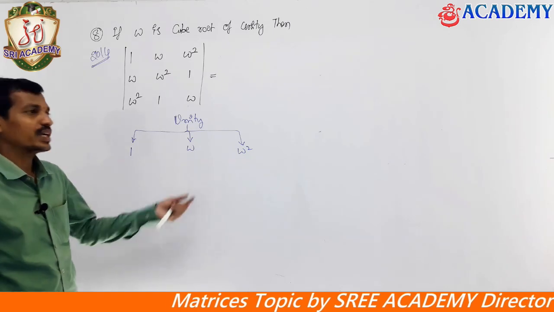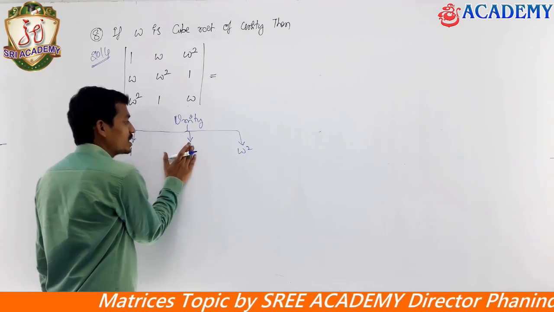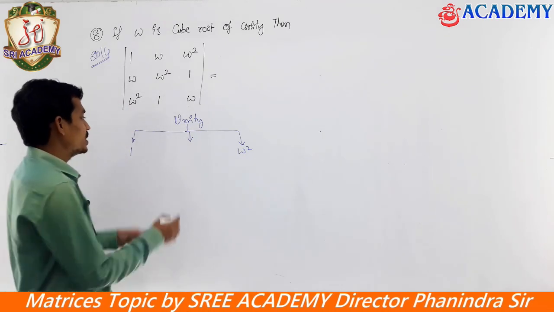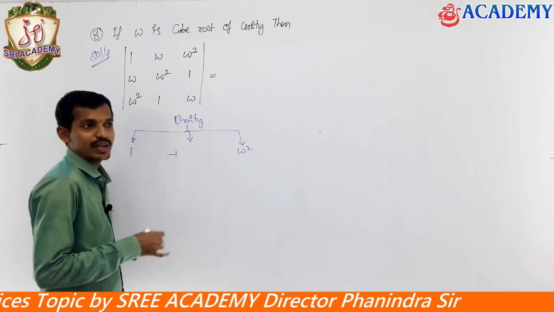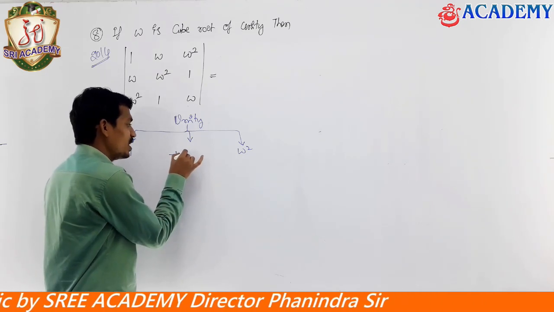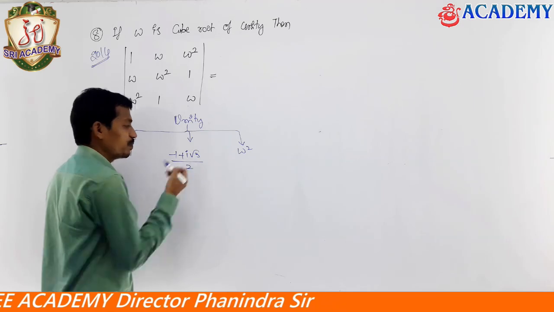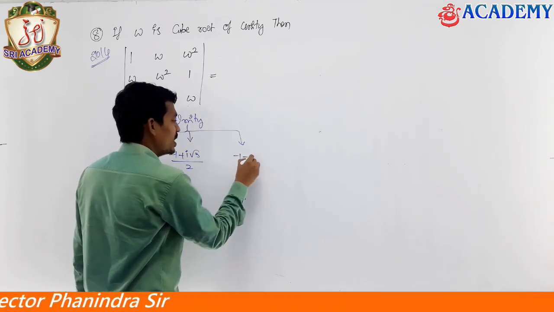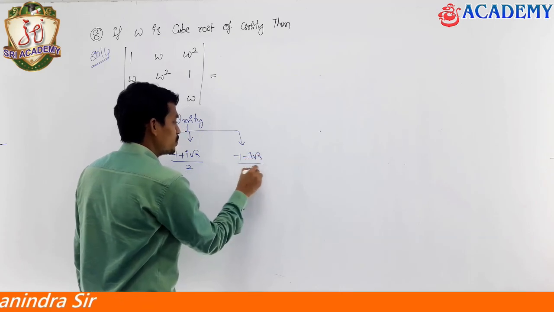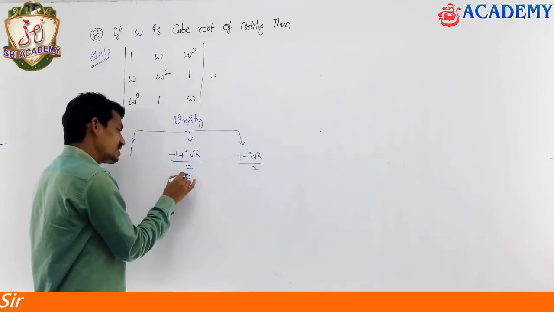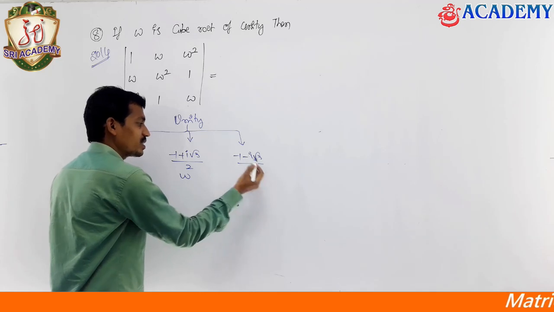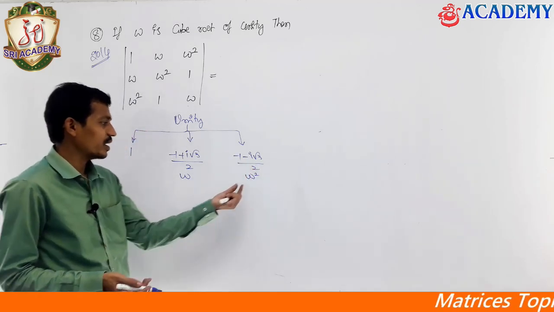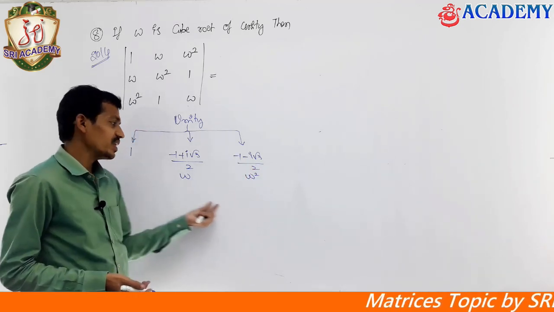Actually it's not omega, we are treating it as omega. The actual value is minus 1 plus i root 3 by 2, and the other is minus 1 minus i root 3 by 2. We are treating this as omega square. Either you can treat this as omega, but then you will get the other as omega square.